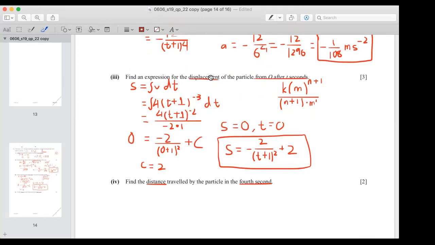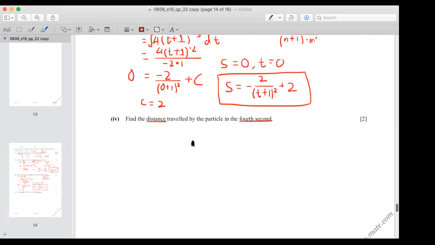Displacement is, for example, we have a line here and 3 dots. Let's say I start from the first dot and move to the second dot. However, we decide to turn back and go here.